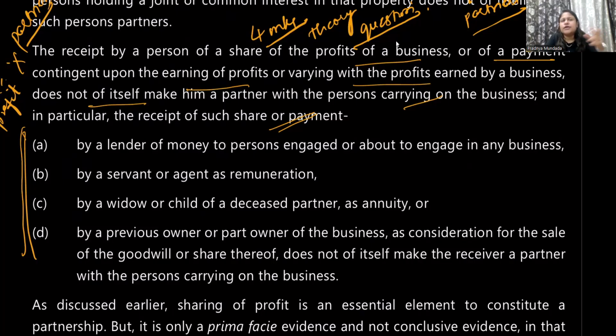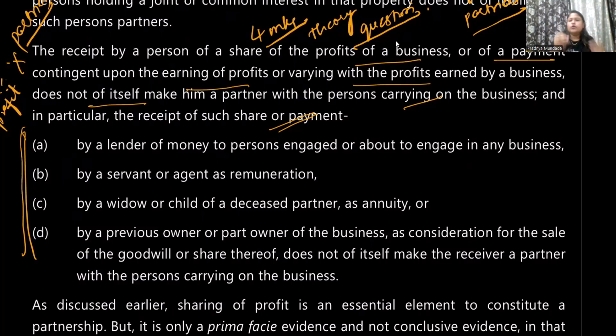Okay, that means for continuously 5-6 years, we'll pay you so much amount. Now, these people are also going to receive money from the profits of the partnership. So will they become partners? No. Every time a receipt of money by a person from the partnership will not entitle him to be a partner. When will he become a partner? When you're actually carrying on the business together and you're actually getting the profit of the business. Okay, that is the idea.